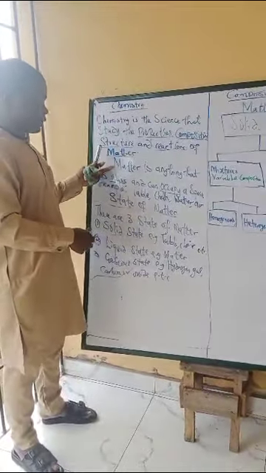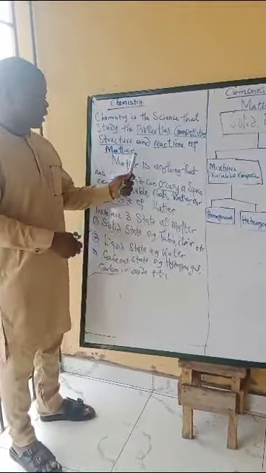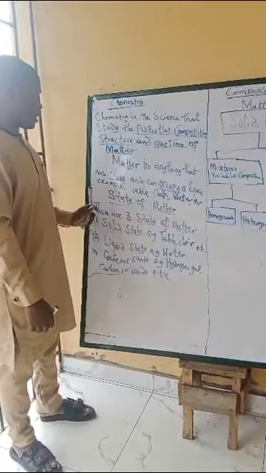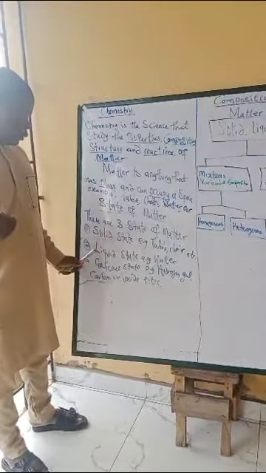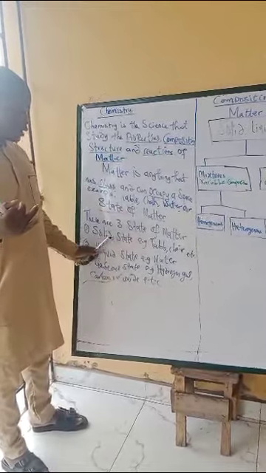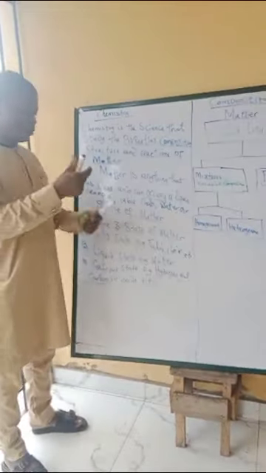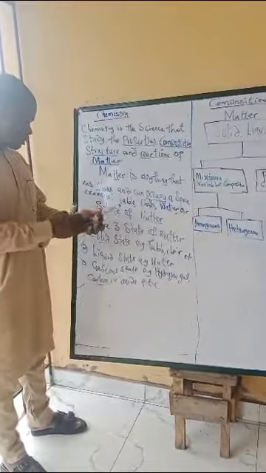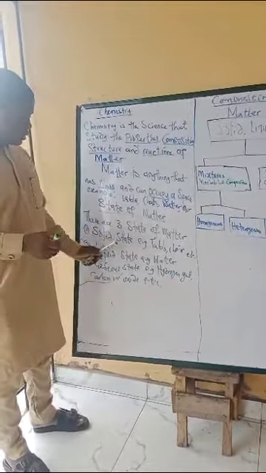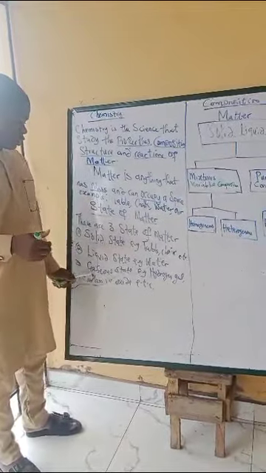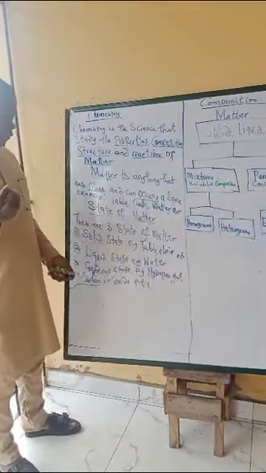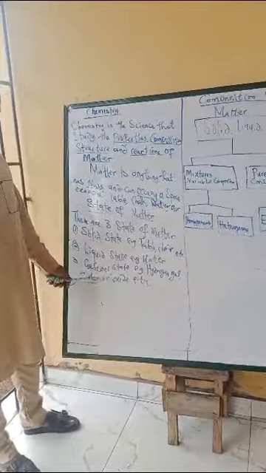So matter is anything that has mass and can occupy a space, and it exists in three states: solid, liquid, and gas. Examples of solids are tables, chairs, chalk, duster. Liquids: water, honey. Gases: hydrogen gas, carbon dioxide, and so on.